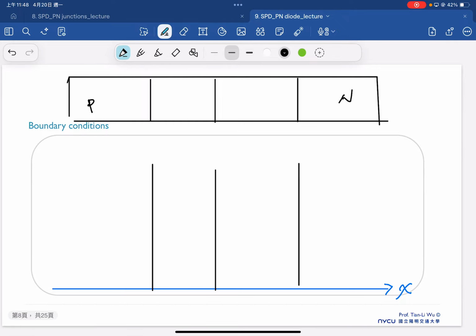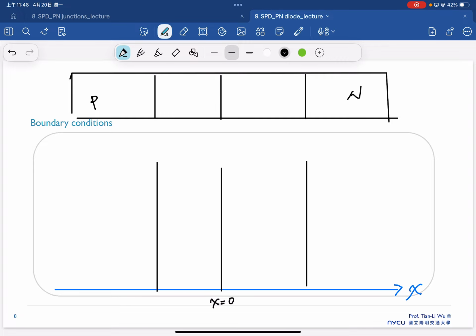In the middle we have x equal to 0, on the right x equal to xn, and on the left minus xp. Because right now we are trying to understand the minority carrier, we have to think about what the minority carrier distribution inside this PN junction could be.